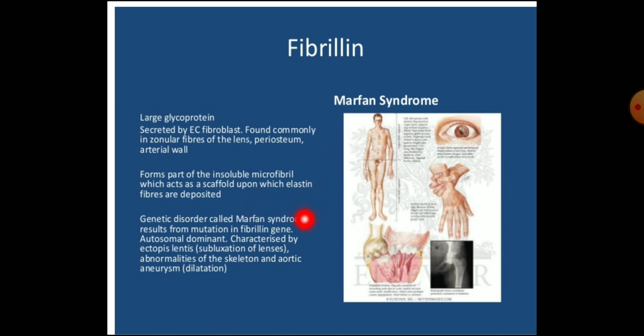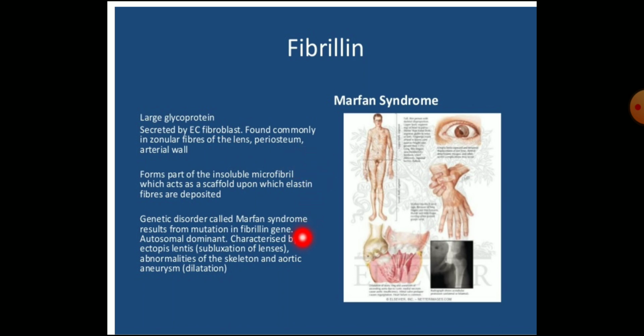But a genetic disorder called Marfan syndrome results from the mutation of fibrillin. So when the fibrillin protein is mutated, the disorder called Marfan syndrome occurs. It is autosomal dominant and characterized by ectopia lentis, or subluxation of the lens, because the zonular fibers of the lens are affected due to the mutation of the gene coding the fibrillin.